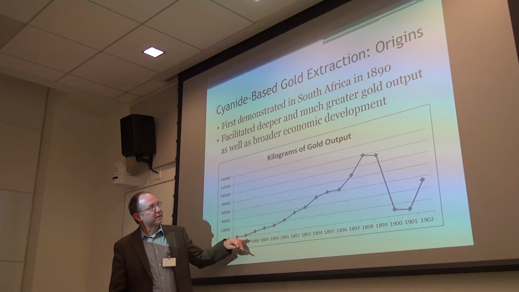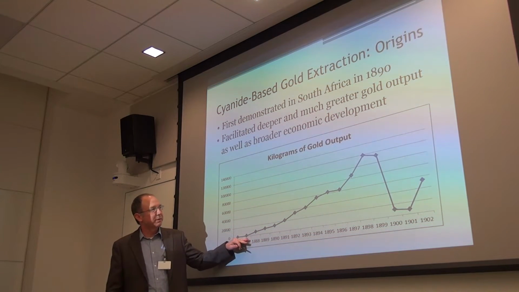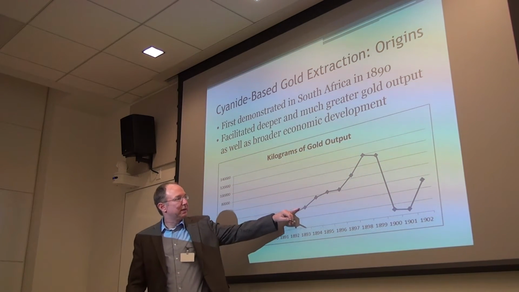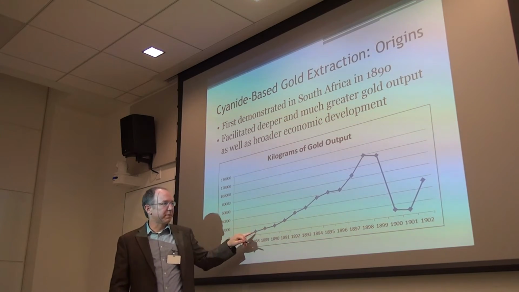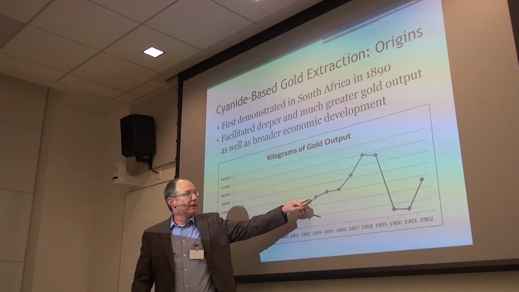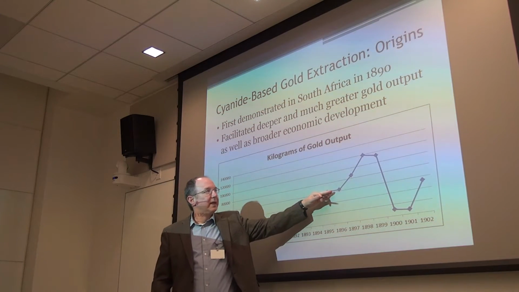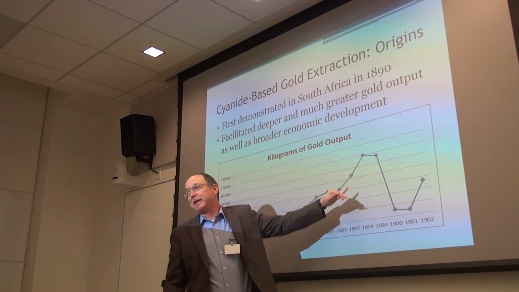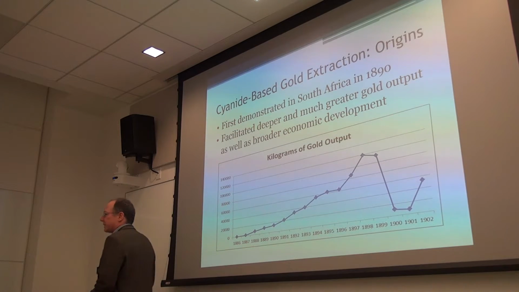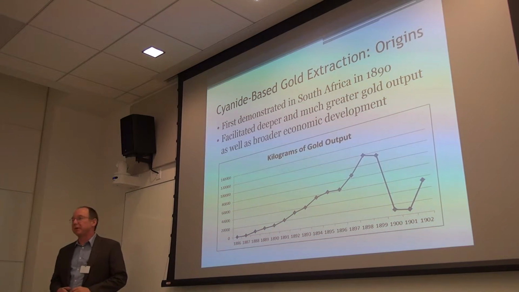This gives a little bit more detail here in terms of what we were talking about. These were the surface deposits that were being mined, and then it started to flatten out because it didn't have the technology. But then quite quickly, you see, as the cyanide technology was implemented, the output took off.